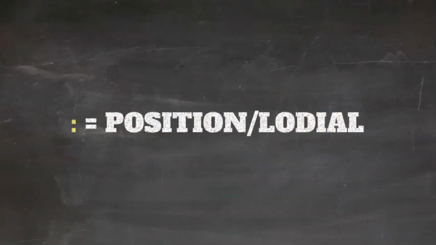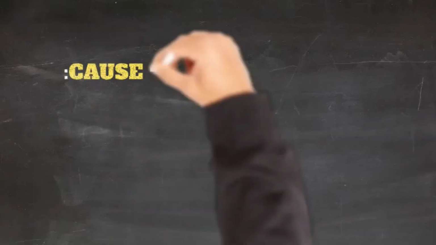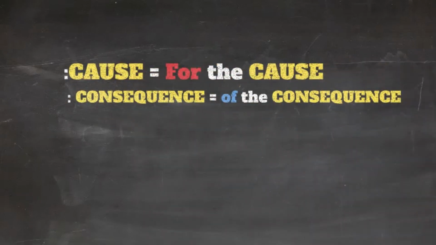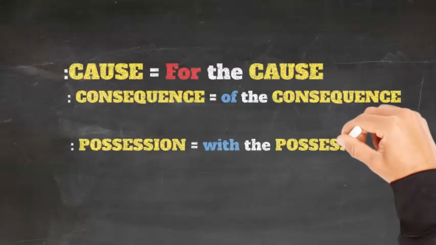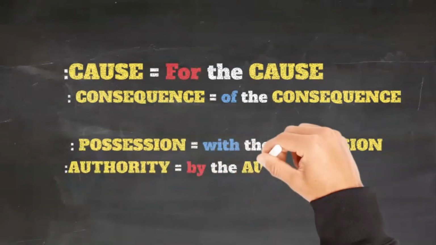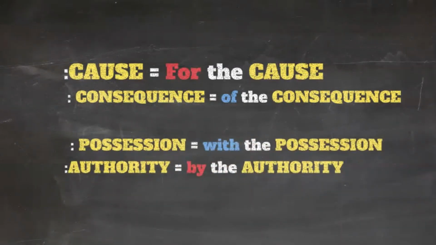The full colons are our positions and loadial. Full colon cause equals for the cause. Full colon consequence equals of the consequence. Full colon possession equals with the possession. Full colon authority equals by the authority.